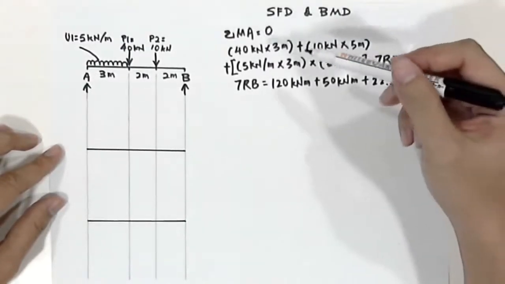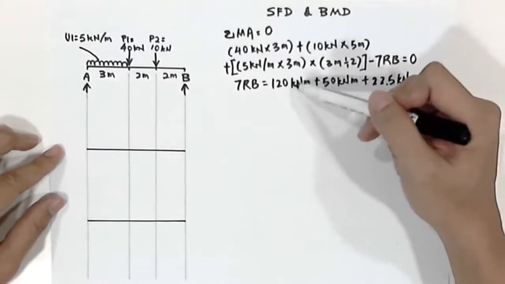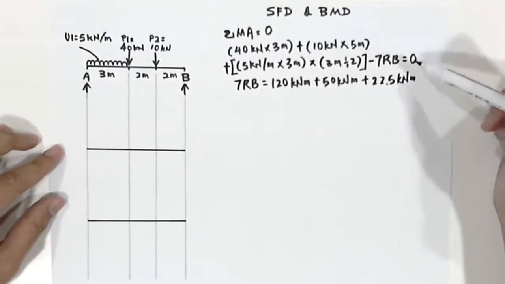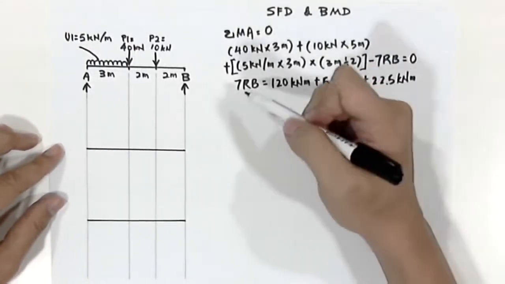Remember that you should always write down your dimension, so that you will not get confused.